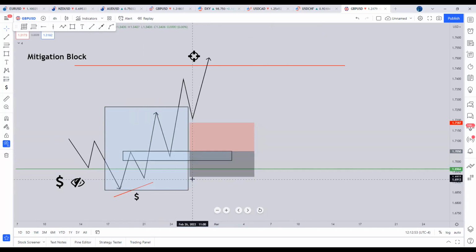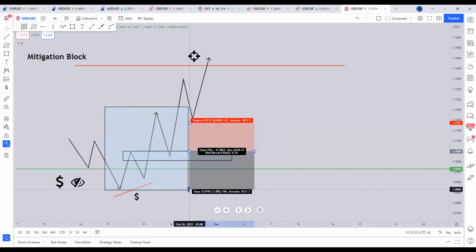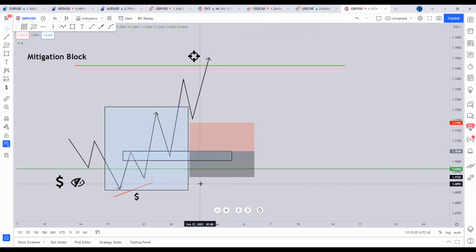So you can put your stop loss here at the bottom. You can also put your stop loss here, or you can trade it how a mitigation block is supposed to be traded, which means your stop loss beneath the candle, similar to how you would trade a breaker block. For me, I like to put it at structure, especially on the 1 minute and smaller time frames, simply because it gives the pair more space to breathe, especially because different brokers have different spreads.